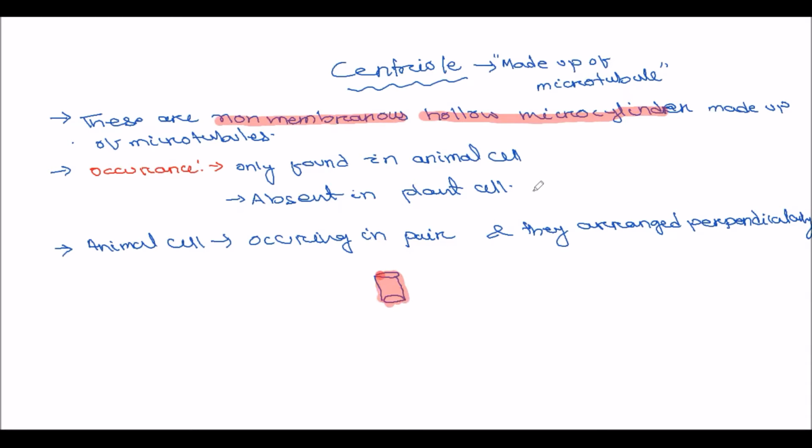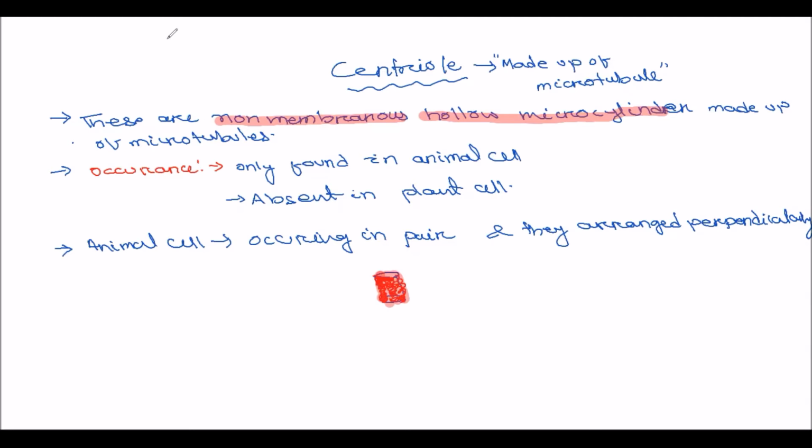Okay, and made up of the microtubules. These microcylinders, what are they made up of? They are made up of the microtubules, and as you know, the microtubules are hollow cylindrical structures, and this centriole is also a hollow cylindrical structure.